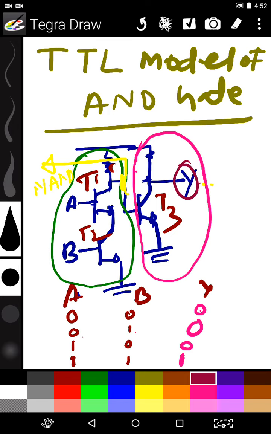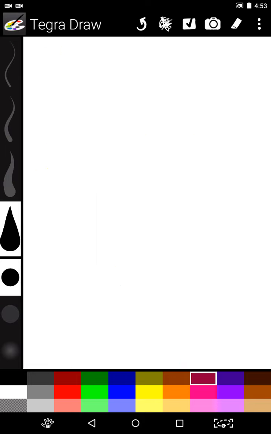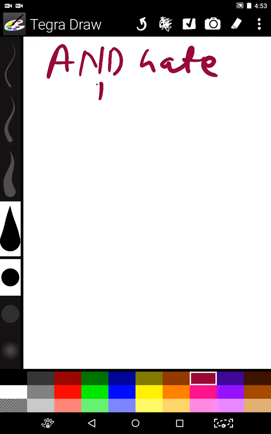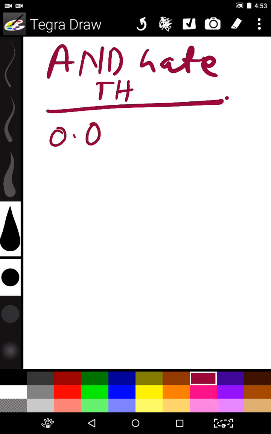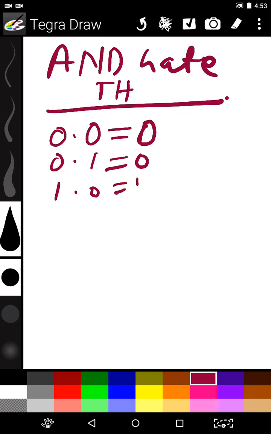Okay, next we'll go for the AND gate theorem. When 0 0 gives 0, 0 1 gives 0, 1 0 gives 0, and 1 1 gives 1.